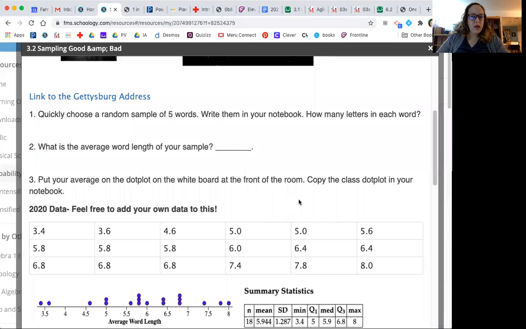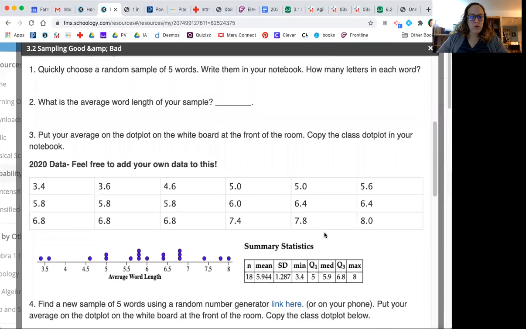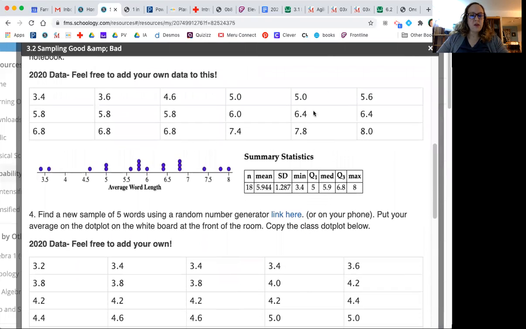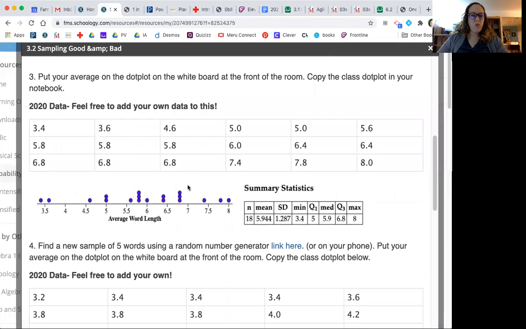So I went ahead and did some data for you. The number that we would have gotten on the Gettysburg Address, we would have added to this data and then plotted it on our data plot. Part of what I want to talk about in this recap video is, what does each dot represent?